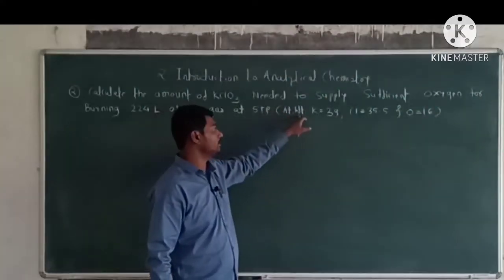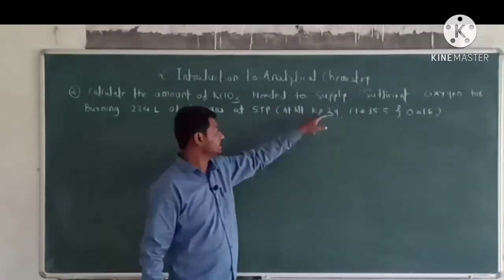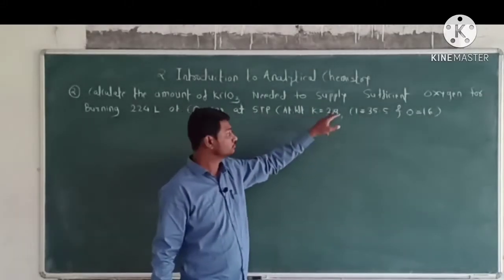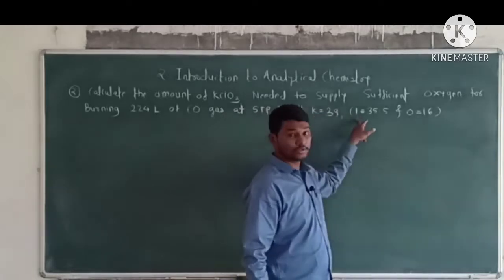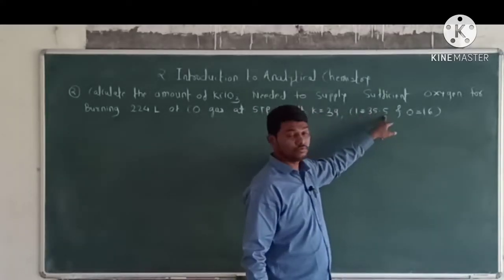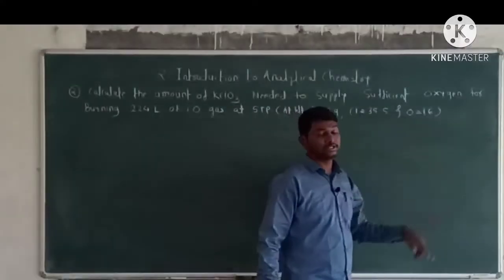The atomic weight of potassium, that is K, is 39. The atomic weight of chlorine is 35.5 and the atomic weight of oxygen is 16.